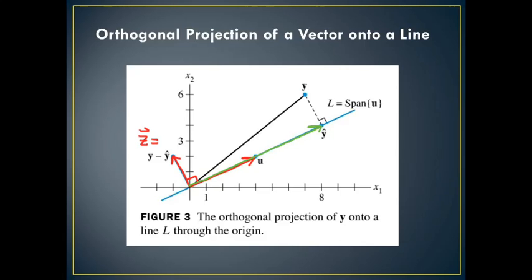And then we have the actual orthogonal projection, y hat, is on the line. So when we talk about the projection, we're talking about projecting down onto the line, and it's actually sitting on that line. And then z is the part that's orthogonal. So there's your visual of the orthogonal projection in R2.